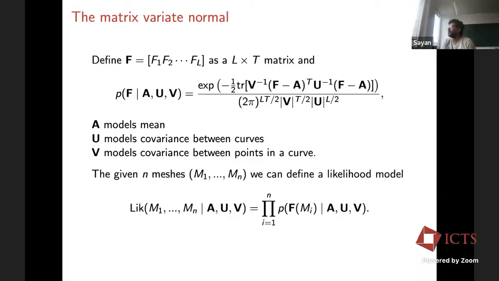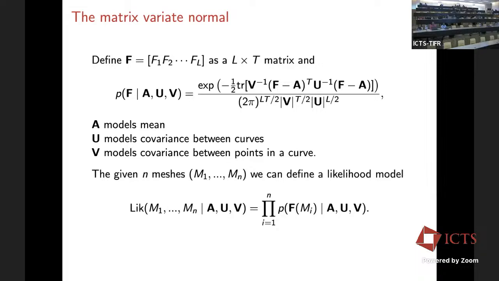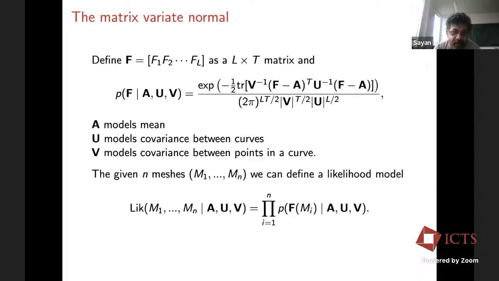But because it's a matrix, the simplest construction you can think of is that there's a covariance across the rows and there's covariance across the columns. And that's what this is modeling. That's why you have two parameters. One is a covariance across the rows, let's call that U, and V is a covariance across the columns.